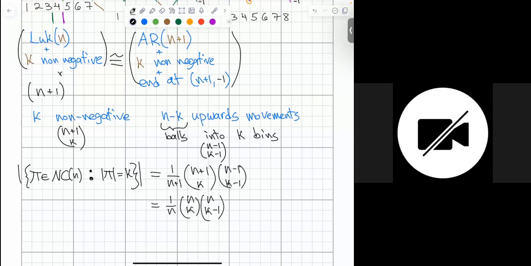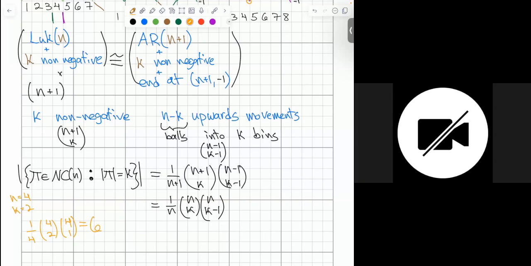So let's sanity check. We remember that in the case that n equaled 4 and k equaled 2, we wanted the result to be 6. So if I have 1 over 4, 4 choose 2 times 4 choose 1, I indeed get 6 as I desired.